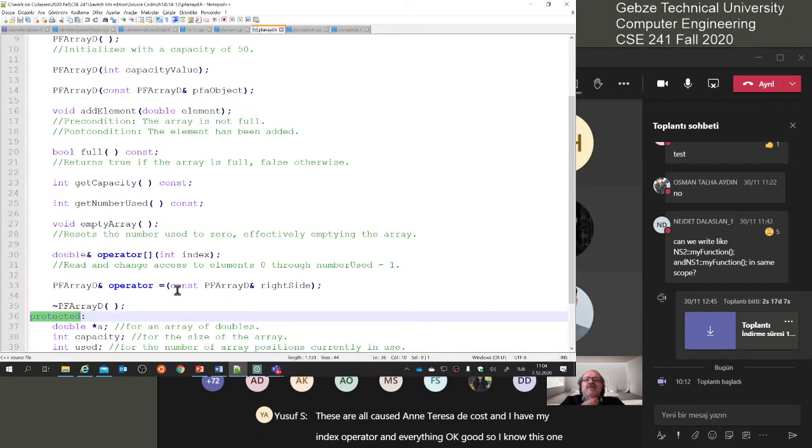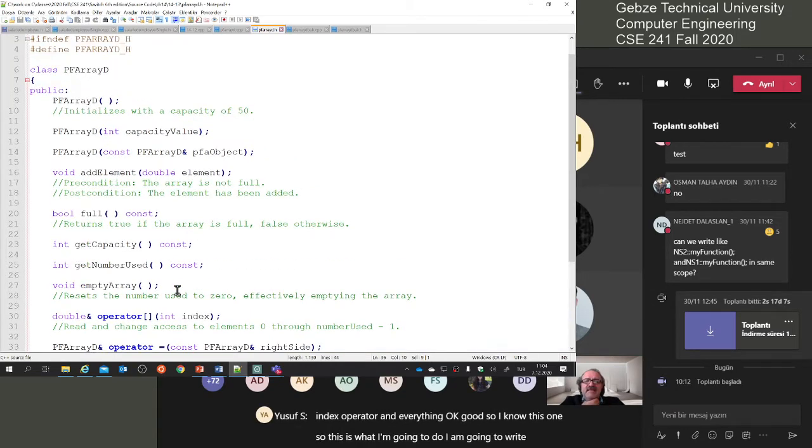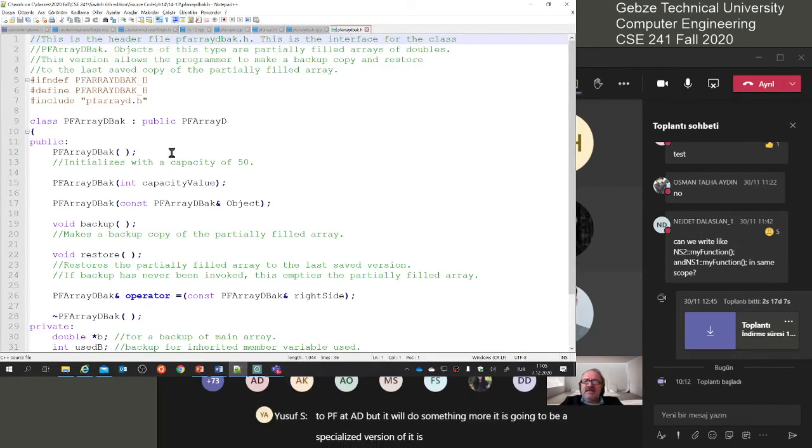So this is what I'm gonna do. I am gonna write another class that will be very similar to PF array D, but it will do something more. It is going to be a specialized version of it.